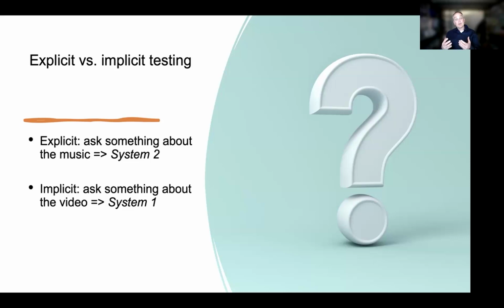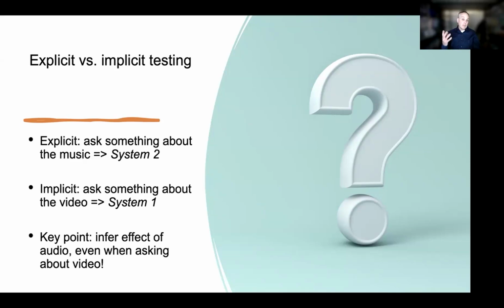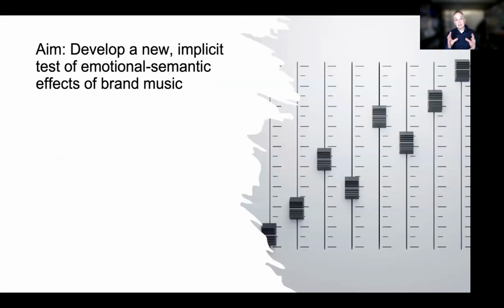We don't ask them about the music, but only what the video expresses to them in an emotional way. So the key point here is that we can infer the effect of audio even when we're asking about the video. And this is actually the approach that we are taking to develop this new test.